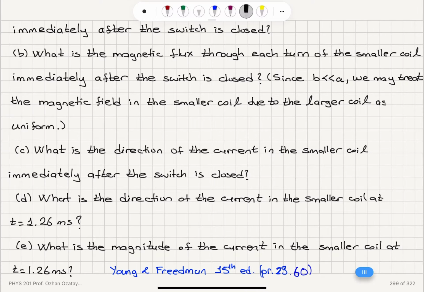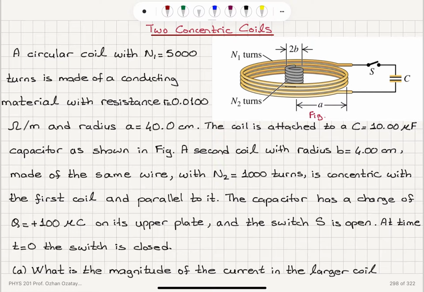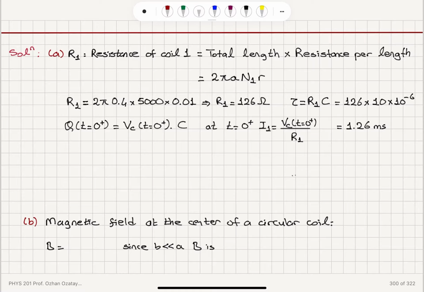So you can see this here because it's basically connected at the ends of the first coil. So the current will flow through N1 turns and come back, so that basically it's telling us that the discharge process will occur in the first coil.